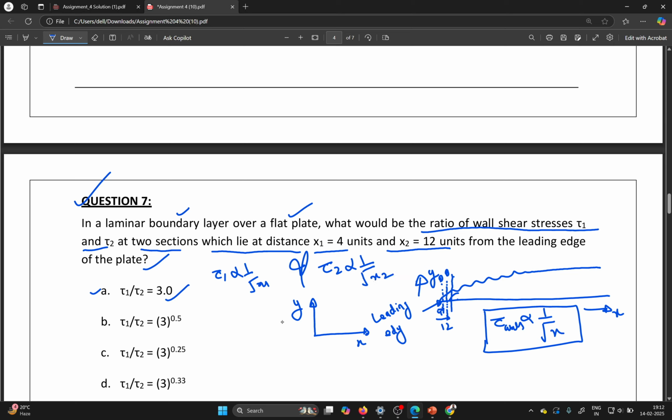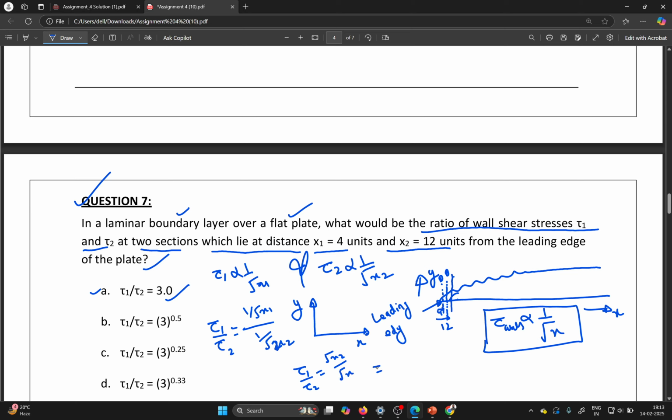Now you need to calculate the ratio. So tau 1 divided by tau 2 is equal to 1 by root x1 divided by 1 by root x2. So tau 1 by tau 2 will be root x2 divided by root x1.